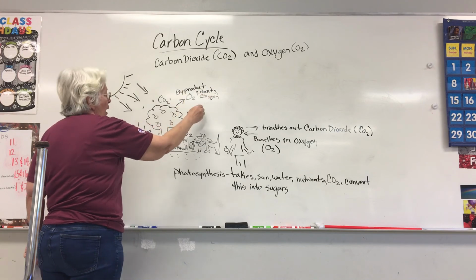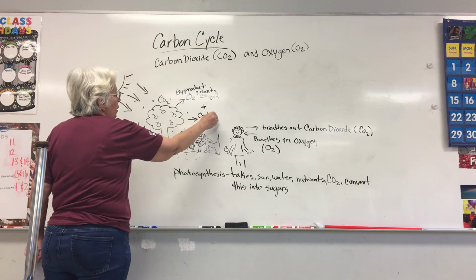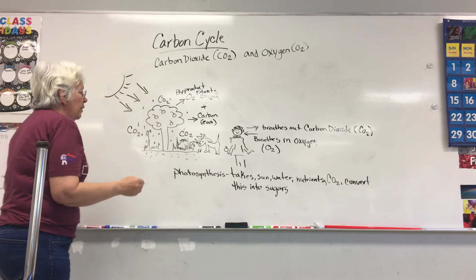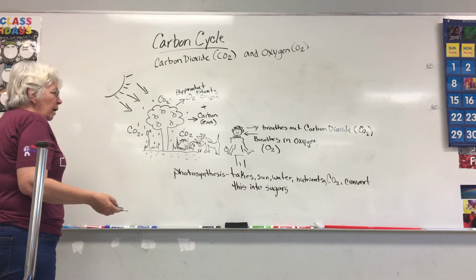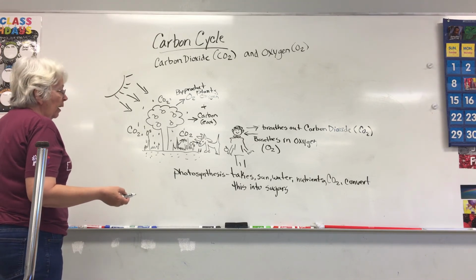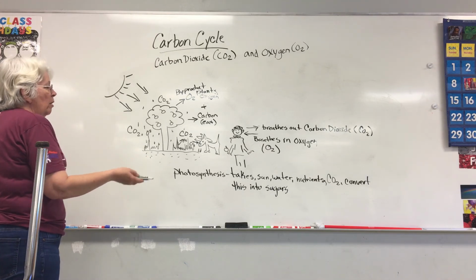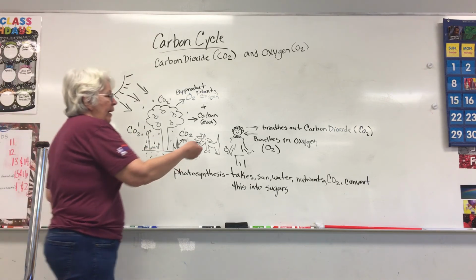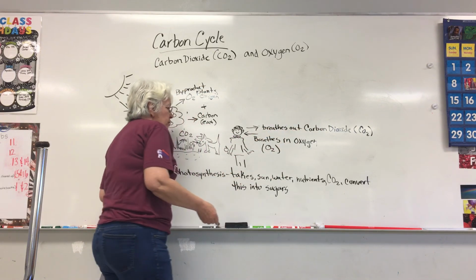But plus, they're making also carbon for us to eat, whether it's an apple, whether it's a broccoli, whether it's a squash, watermelon. These are all things that contain carbon, and that's where the word carbohydrates comes from. And we use those to eat. It's converted in our body, and then it's exhaled through respiration and comes out as CO2.